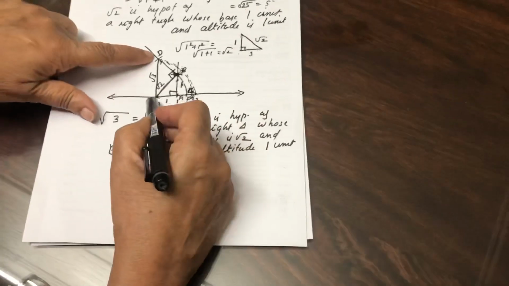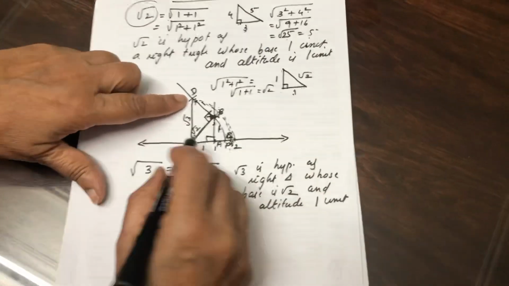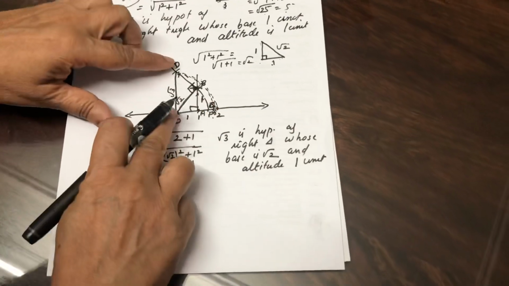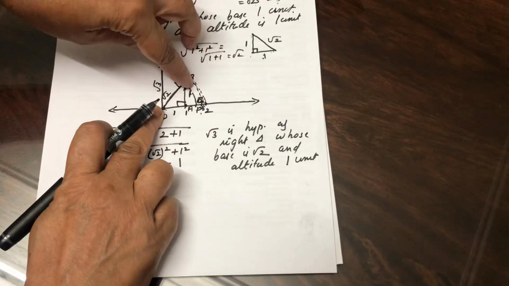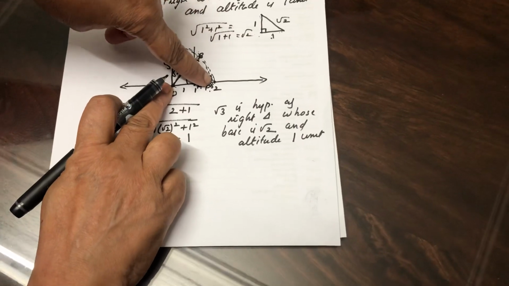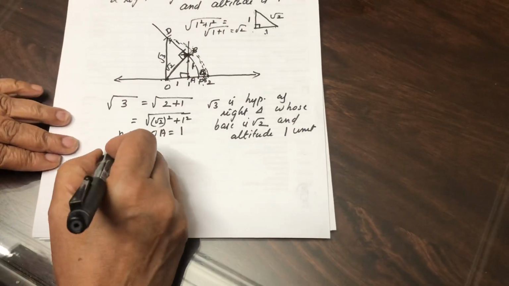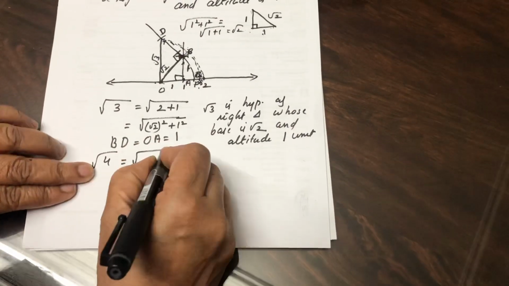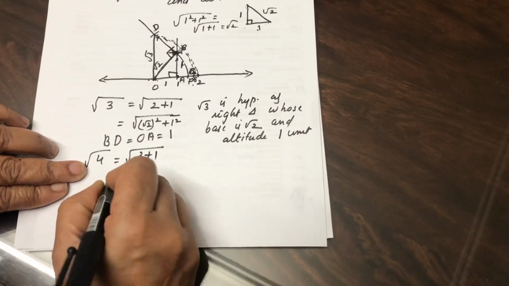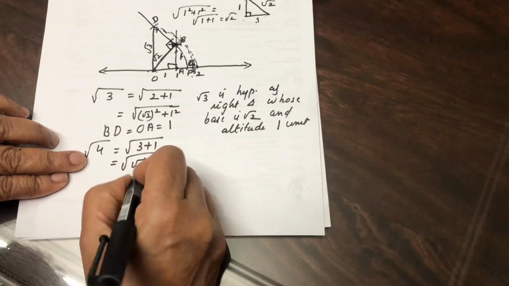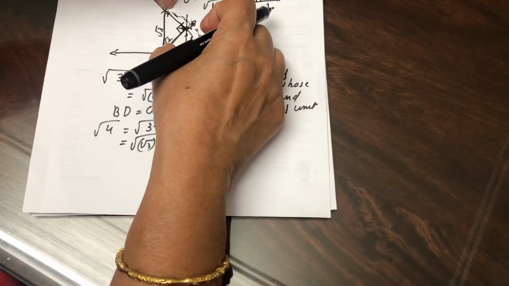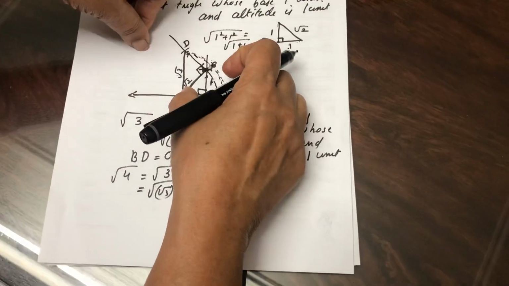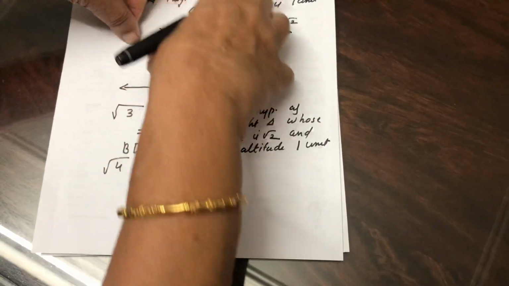So all of you understood? Therefore, when you use the compass and scale, with OD as radius, you draw an arc which will come here. Then next is root 4. This one also can be written as 3 plus 1, that is, square root of 3 the whole square plus 1 square. Now this root 3 is your base, and you draw a perpendicular here. 1 unit you cut it, join this.